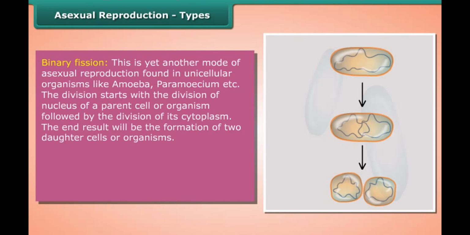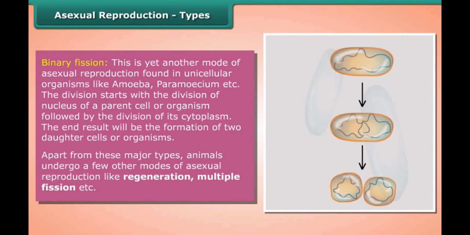This is yet another mode of asexual reproduction found in unicellular organisms like amoeba, paramecium, etc. The division starts with the division of nucleus of a parent cell or organism followed by the division of its cytoplasm. The end result will be the formation of two daughter cells or organisms. Apart from these major types, animals undergo a few other modes of asexual reproduction like regeneration, multiple fission, etc.